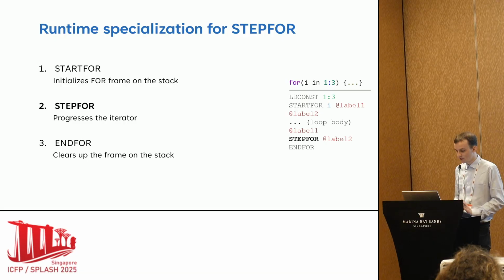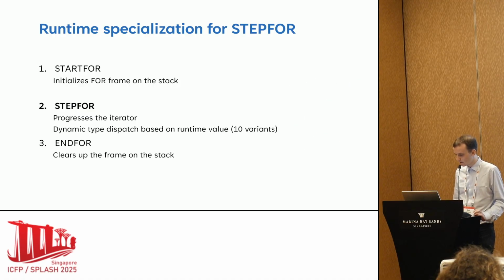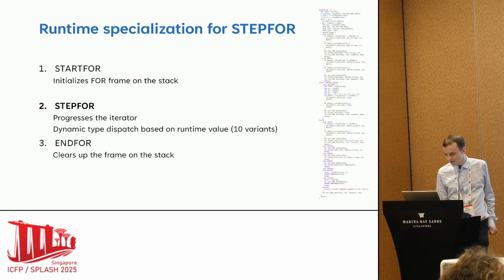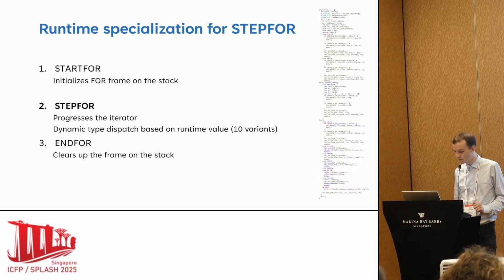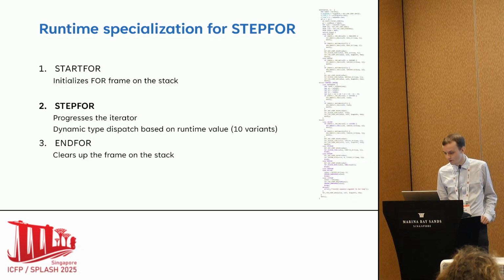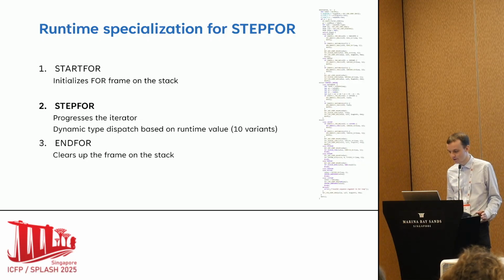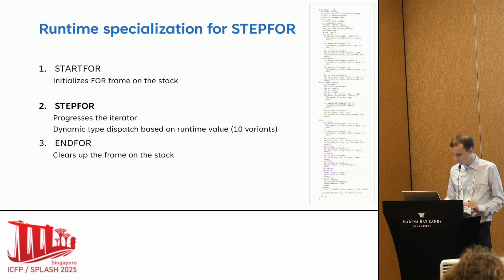So in these optimizations, we focused on the step for instruction. Same as the ld_const, even this instruction suffers from runtime type dispatch, and we can see here how large the step for implementation is in GNU R. It is made almost entirely from a single switch statement that chooses one of 10 possible variants to execute.